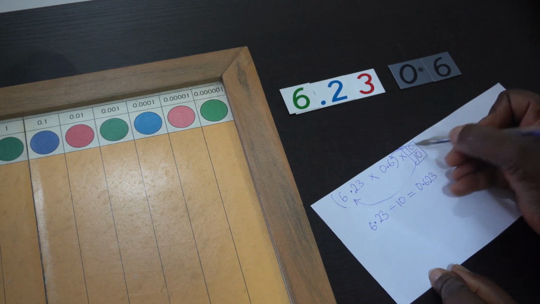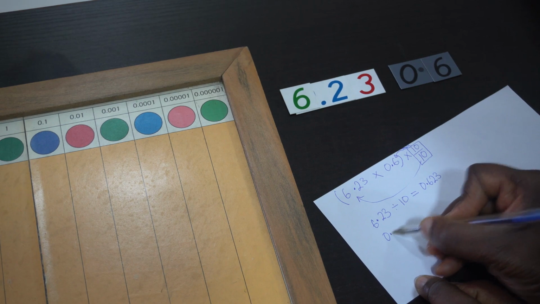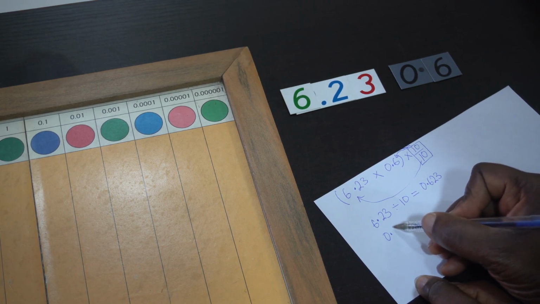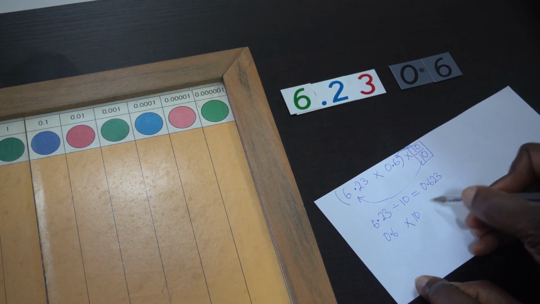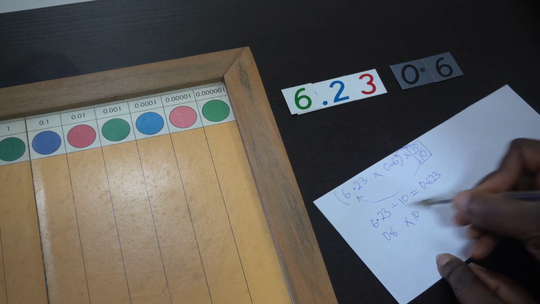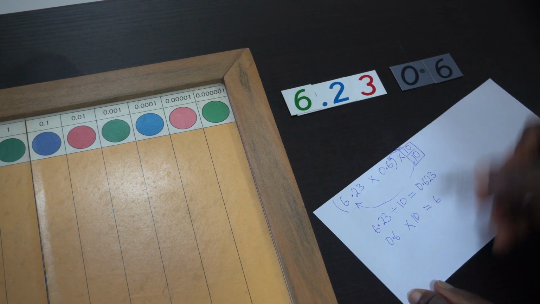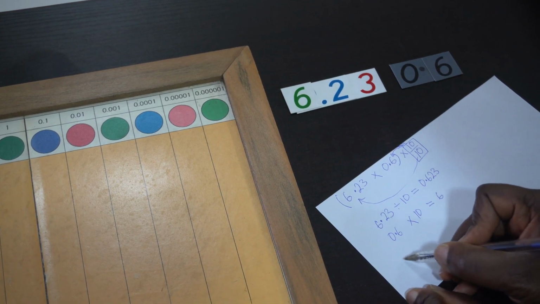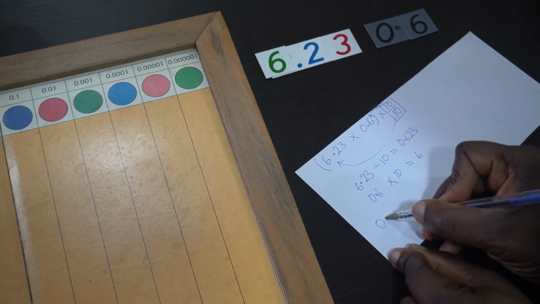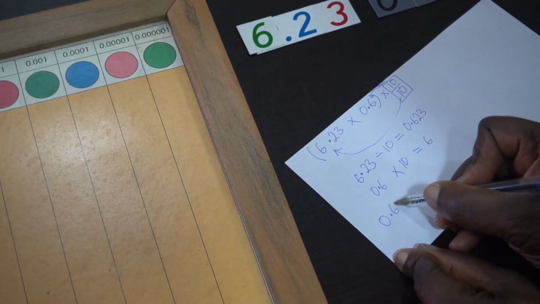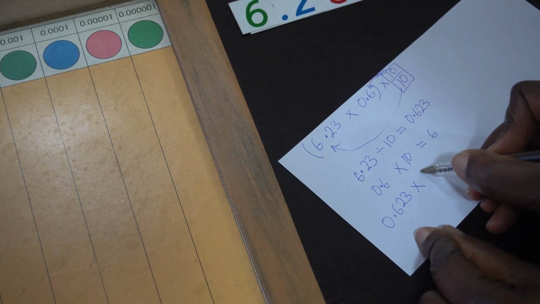Now we multiply the multiplier by 10. So the multiplier 6 tenths, multiply that by 10, we are going to have 6. So finally, we have our problem changed to 623 thousandths multiplied by 6.